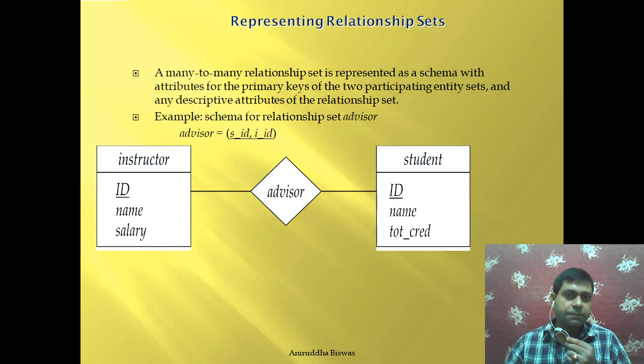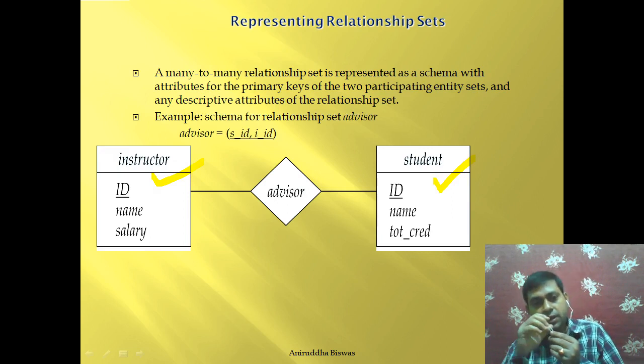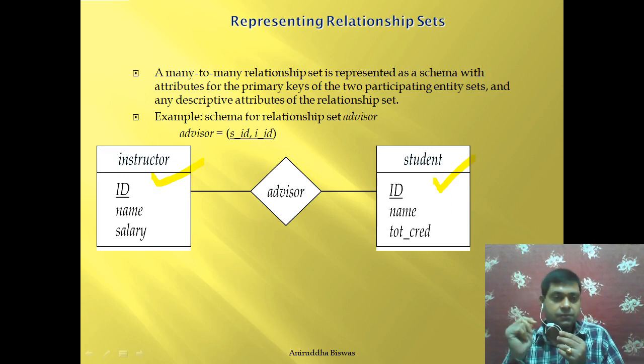Now representing relationship sets, how the relationship sets can be represented, that is important. In an ER diagram we have, let's say, instructor as an entity and student as another entity. Now instructor advises the students. So this is basically the ER diagram representation where it has two entities and one relationship.